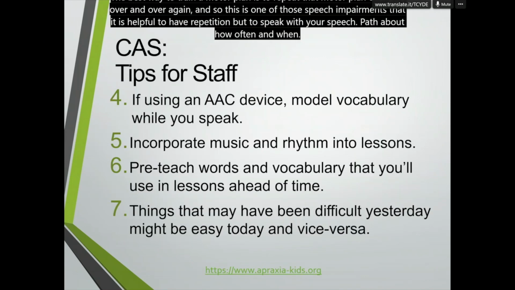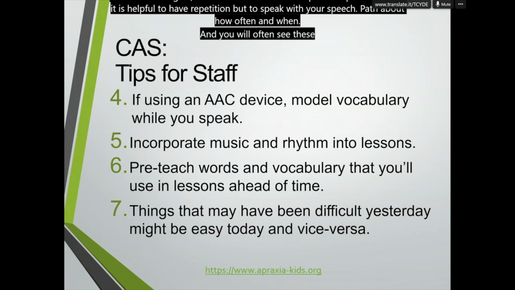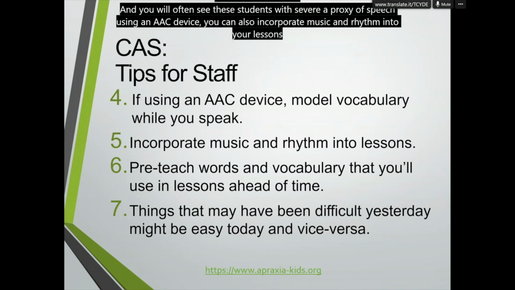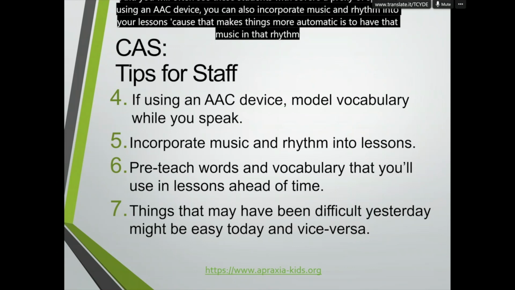You will often see these students with severe apraxia of speech using an AAC device. You can also incorporate music and rhythm into your lessons, because that makes things more automatic. Pre-teach words and vocabulary that you'll be using in lessons.